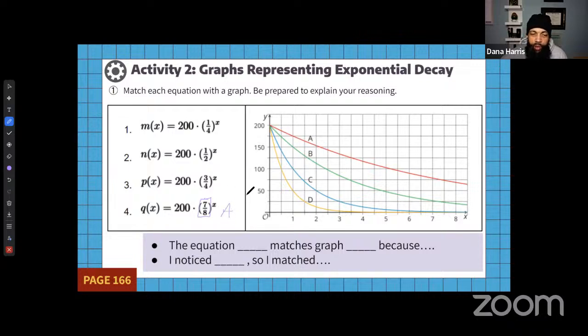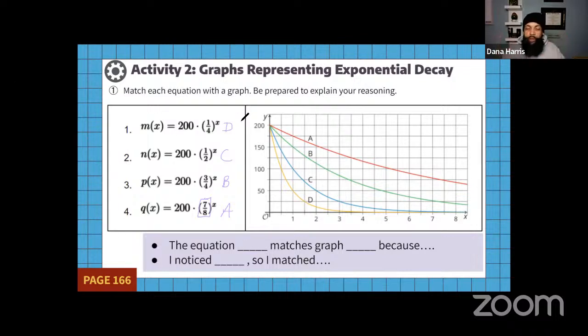So this is going to be graph A. And then after 7/8, between 3/4, 1/2 and 1/4, 3/4 is the next largest. So that's going to be graph B. And then 1/2 is going to be graph C. And 1/4 is going to be graph D. So notice the larger the fraction in the growth factor, remember, these are fractions that are less than 1.